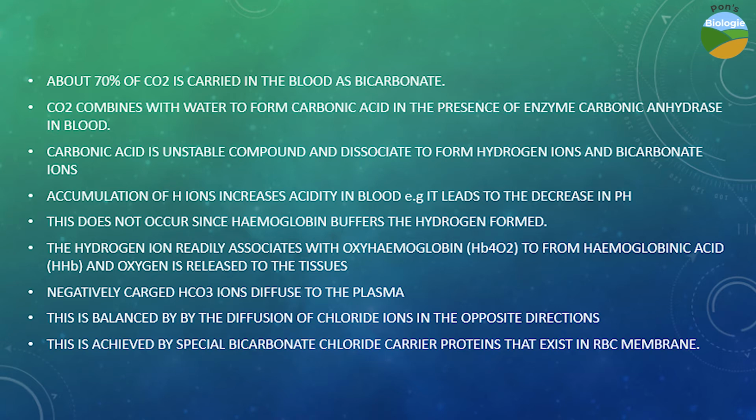Normally, each 100 ml of arterial blood contains 19.4 ml oxygen, out of which 90% is saturated, while each 100 ml of venous blood contains 14.4 ml oxygen, out of which 75% is saturated, and its partial pressure is 40 mm mercury.